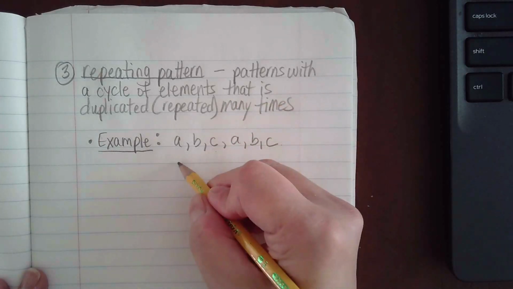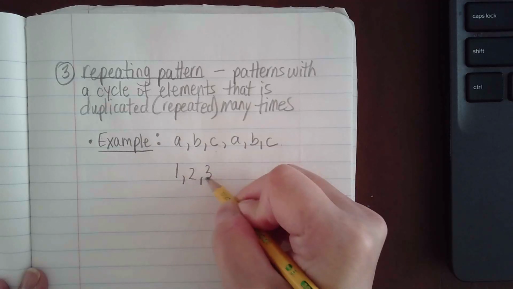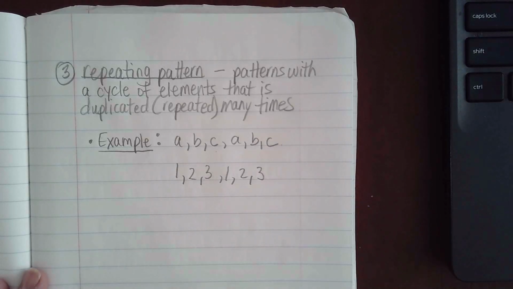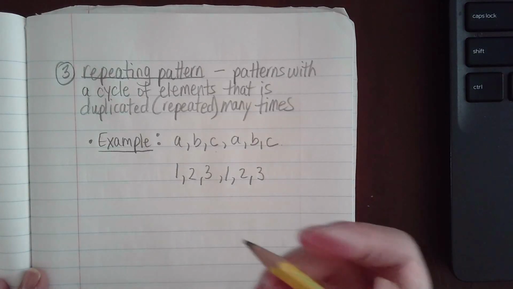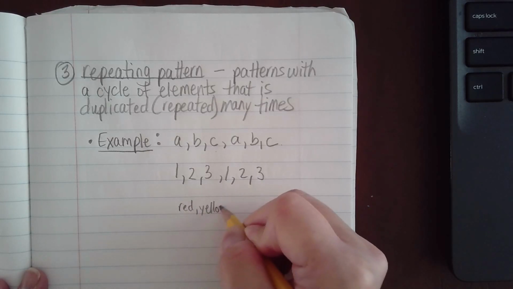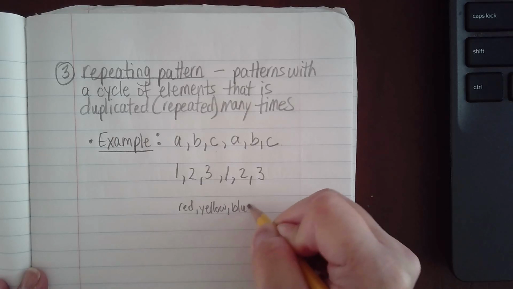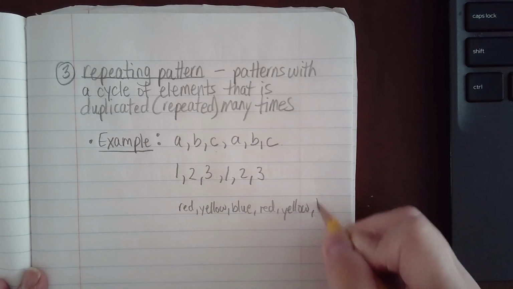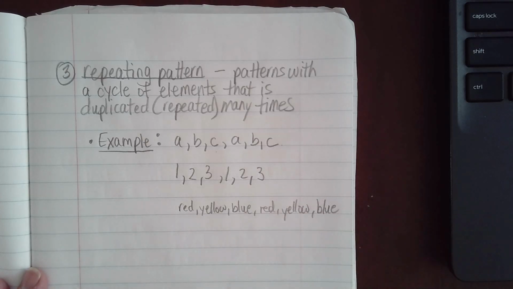But it could also be 1, 2, 3, comma, 1, 2, 3, and the pattern continues. It could be with colors. You could have red, yellow, like if you're making bracelets, red, yellow, blue, and then red, yellow, blue, and you just keep repeating that pattern. Okay, so it can be with letters, it can be with numbers, it can be with words or colors in that case.